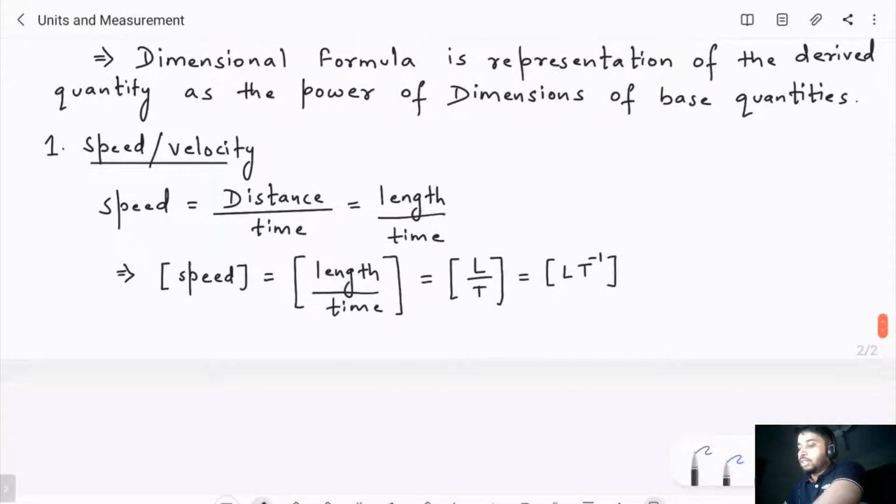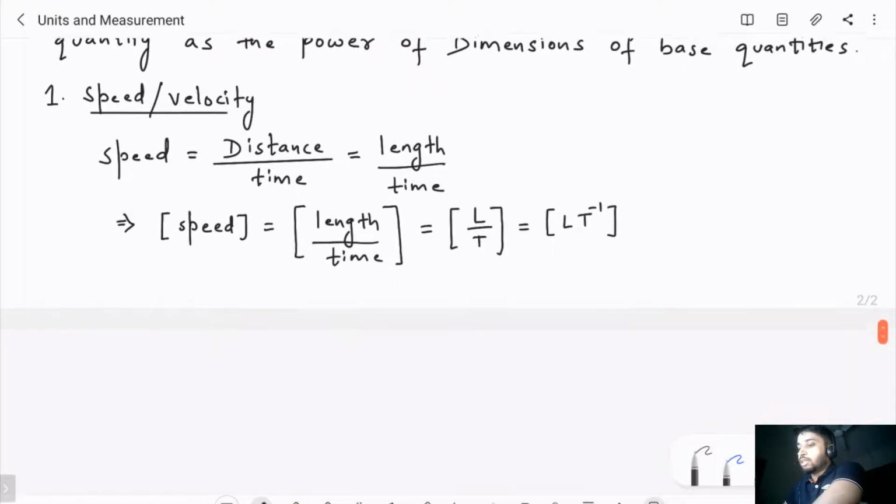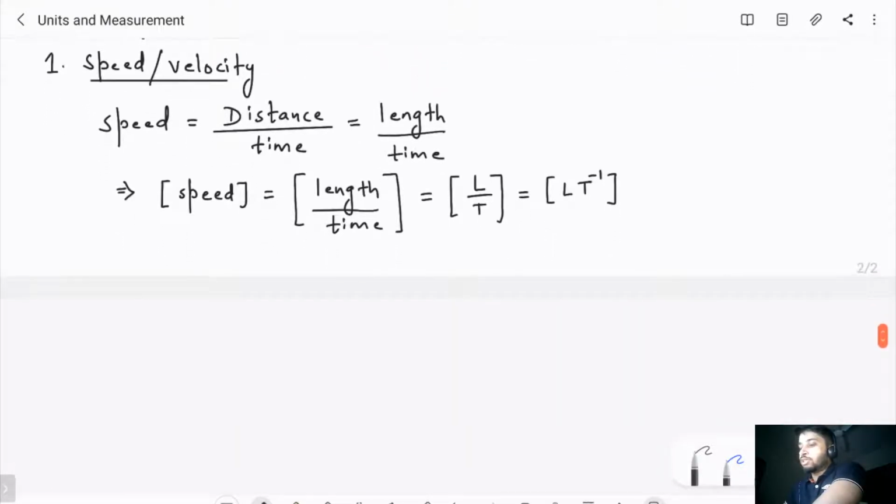Any general dimensional formula is represented in standard form. In standard form, we need to include at least mass, length, and time, since most of the physical quantities in mechanics can be represented by the combination of these.